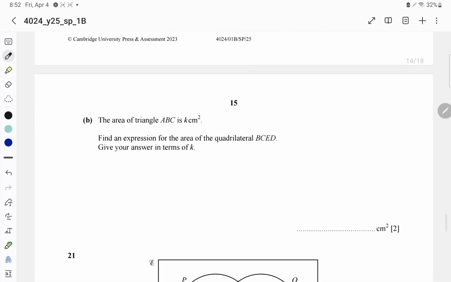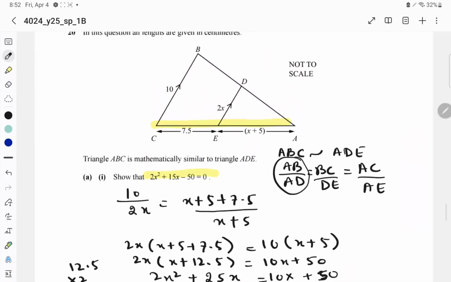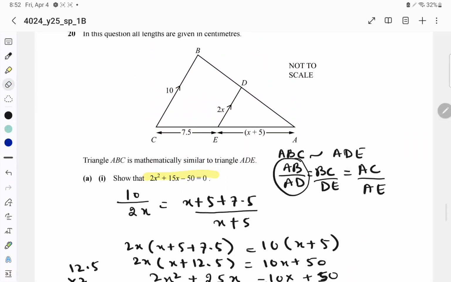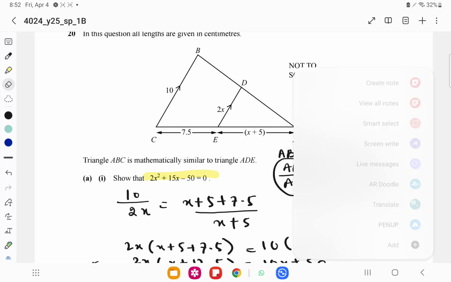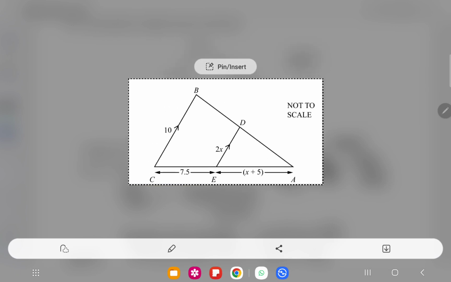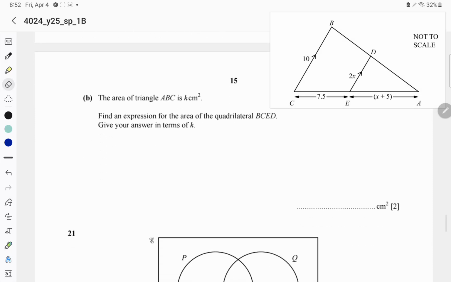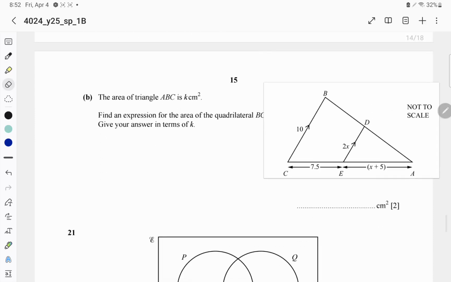Now the next part of the same question, part B. The triangle ABC is k square centimeters. Find the expression for the area of the quadrilateral BCED. Give your answer in terms of k. Whenever we look at this question, they gave us the triangle ABC, which is the biggest triangle, and they are asking us to find the quadrilateral.